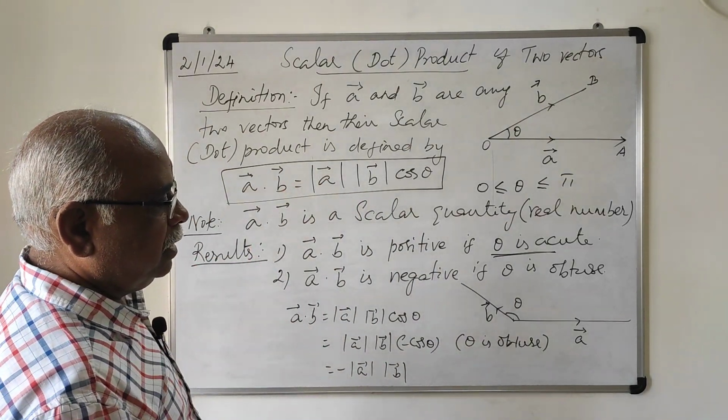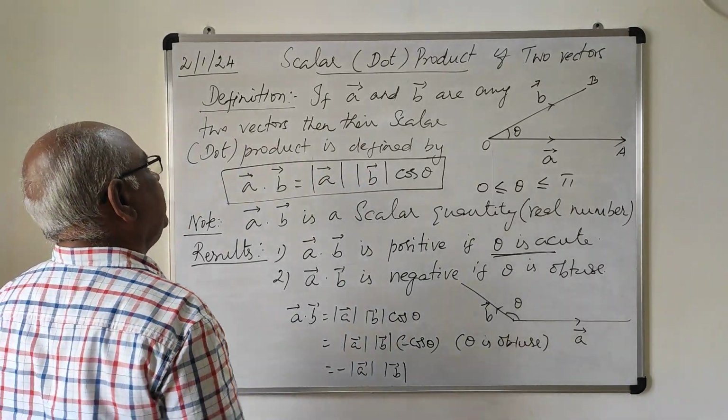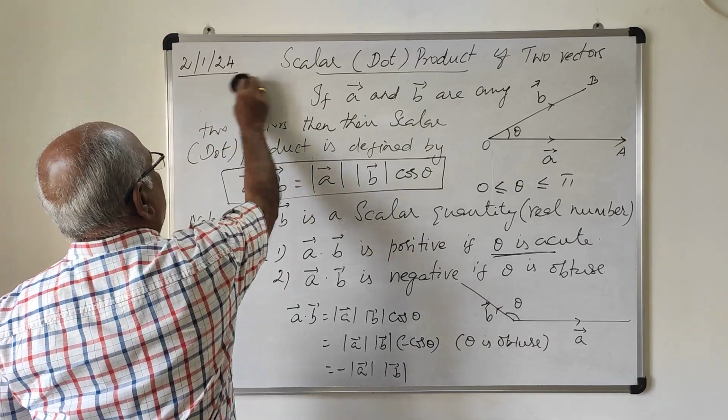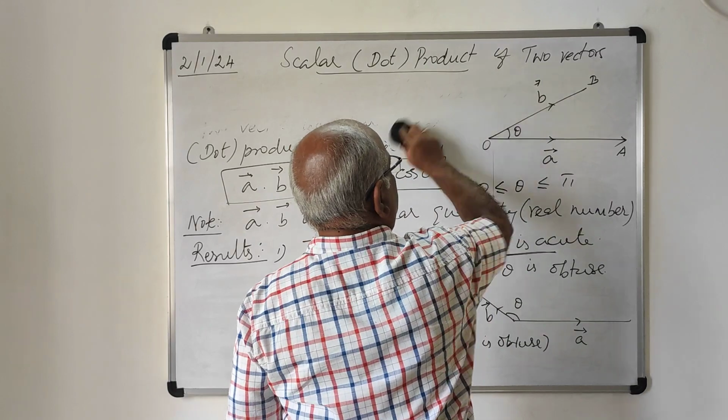Next, if theta is exactly a right angle, if theta is 90 degree, what will we see? If theta is not acute and not obtuse, it is a right angle.